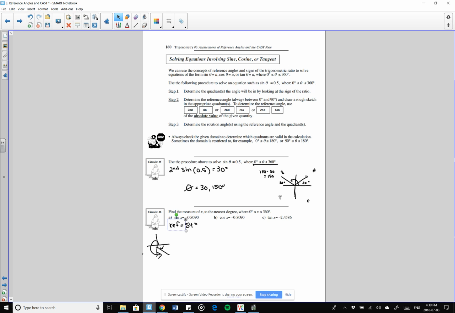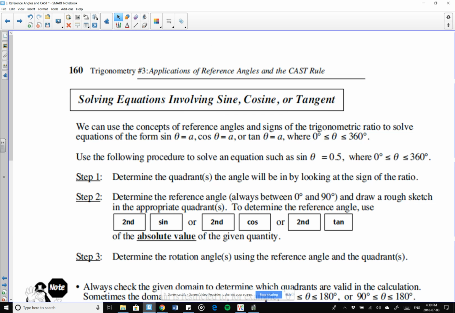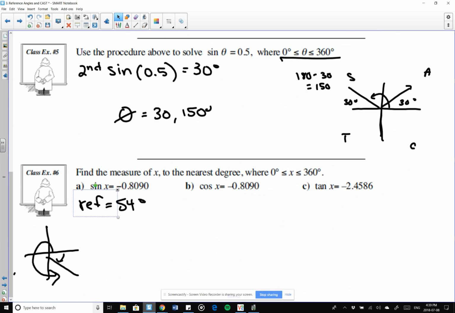So using sine law or CAST rules for this, we can actually figure out what the values are. So for CAST rule, because we know we have negative sine values, our answers would have to be in quadrant 3 and quadrant 4. So I have an answer there and an answer there.